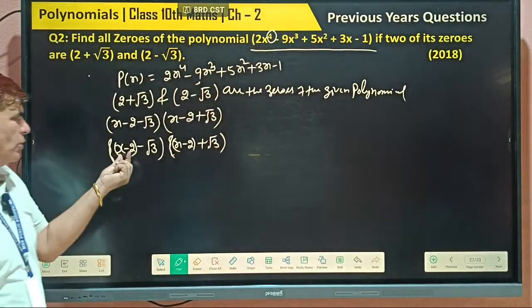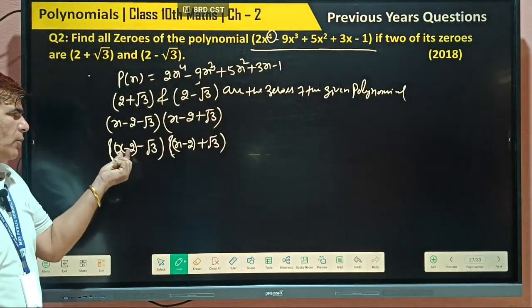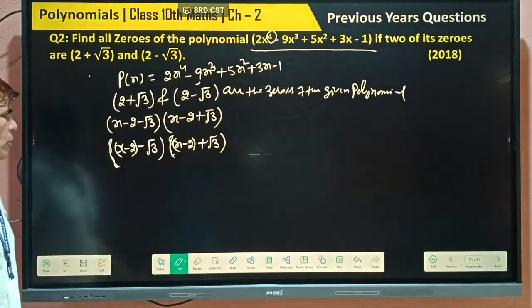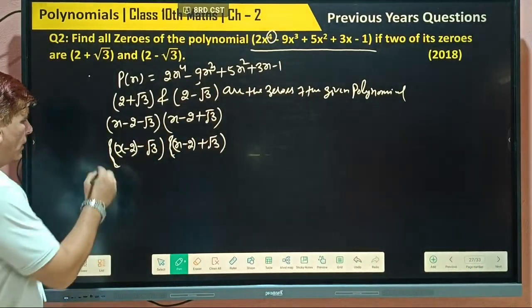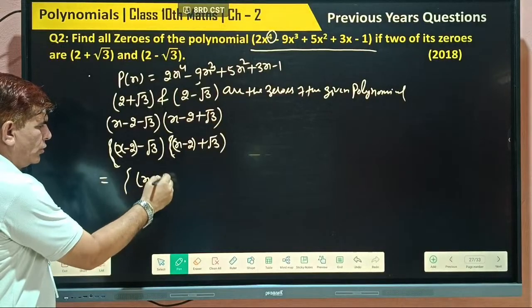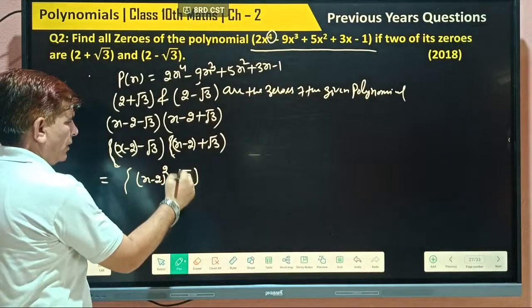You can take it equal to a, or you can take y minus under root 3, y plus under root 3. So x minus a, x plus a. So this is equal to x minus 2 whole square minus under root 3 its square.